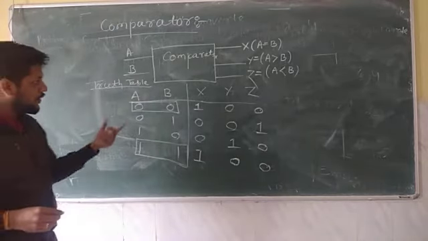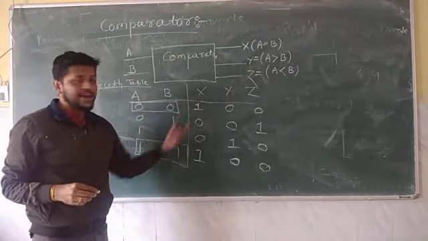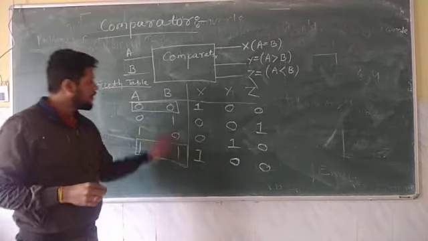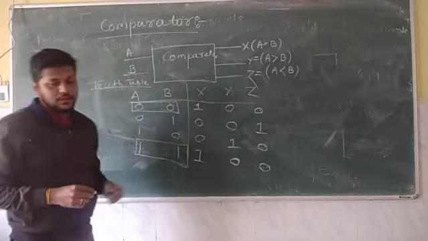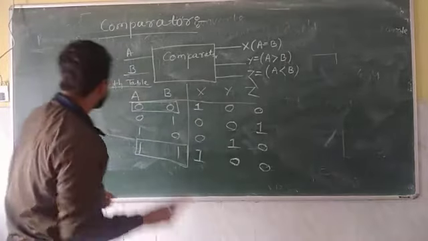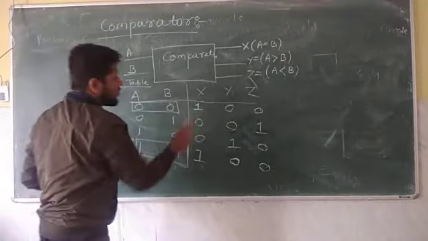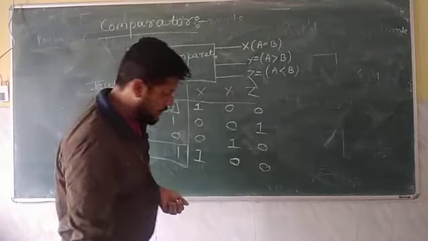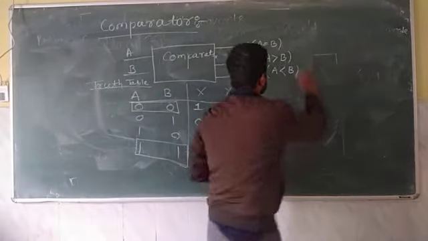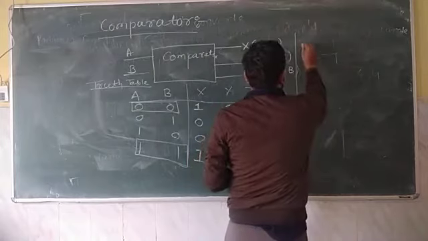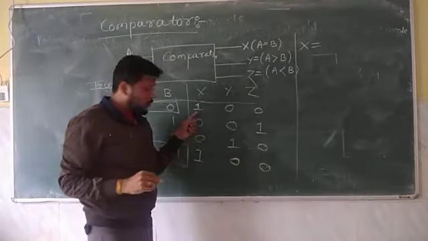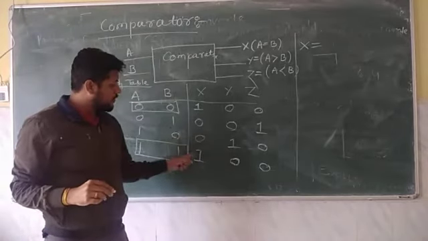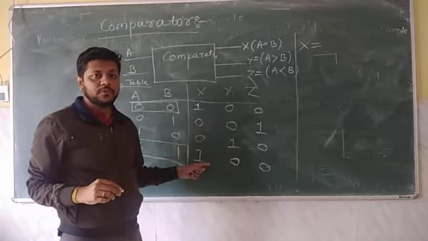Now we are going to write the expression for X, Y and Z in terms of A and B. Then how to write? So this is your truth table. So for X, we have to take only the cases where X is 1, because we will write the expression in sum of product.